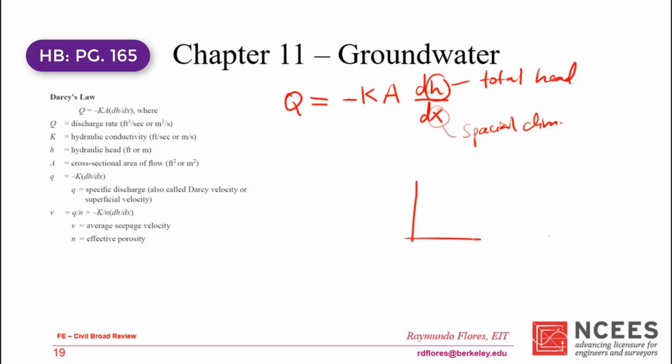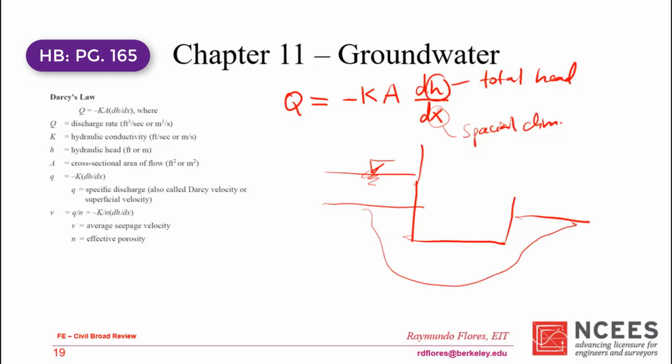You might have a dam, and it only goes out this far, but it punctures the ground, and yet there's water here. So you might have water flowing like that, and you might have some gravel here, so it might go this way.